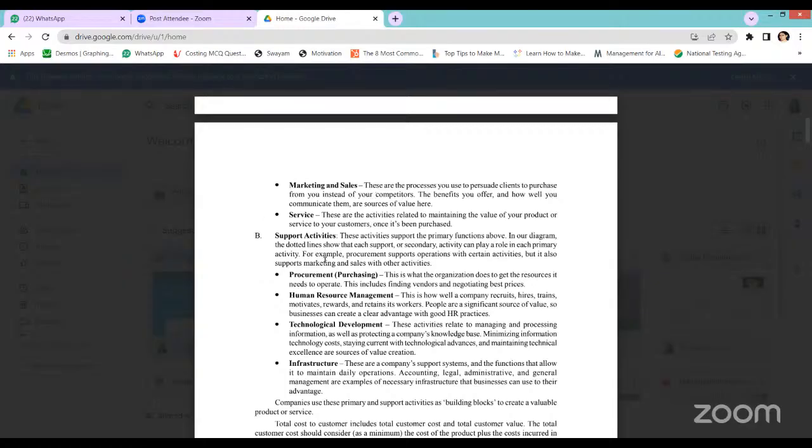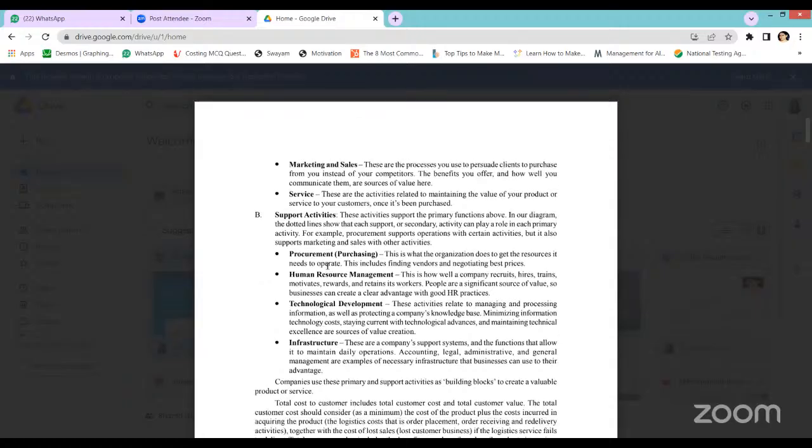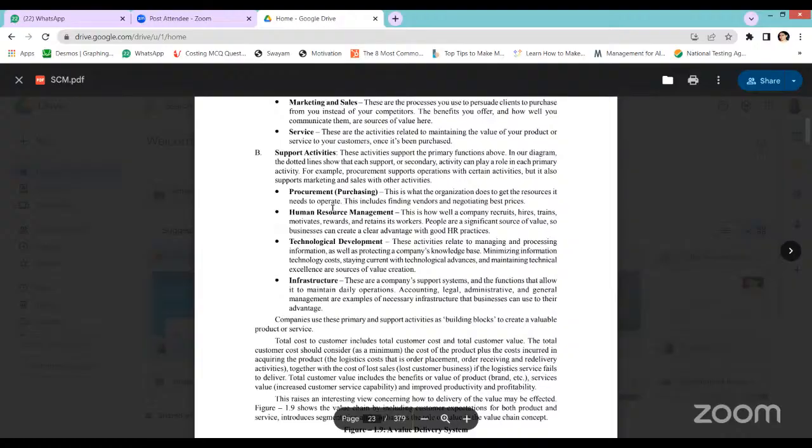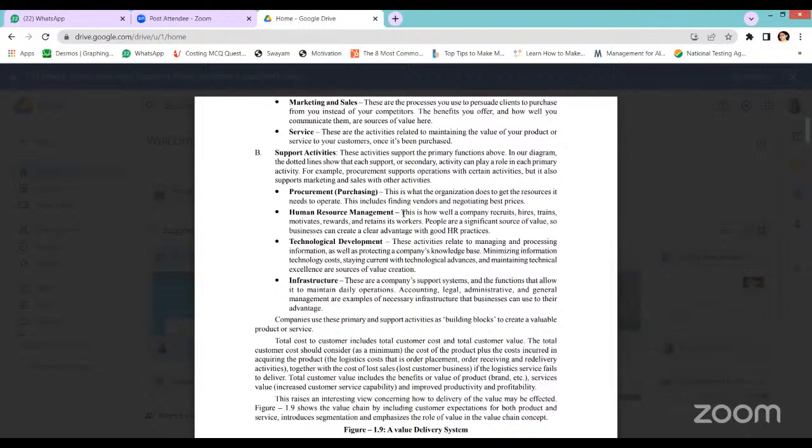The next one is support activities. What are the support activities? Supporting activities are related to procurement, human resource management, and technological development. Procurement means the departments involved in procuring goods and raw materials, the purchasing departments, and organizing resources. Then human resource management relates to how efficient you are in acquiring your staff.